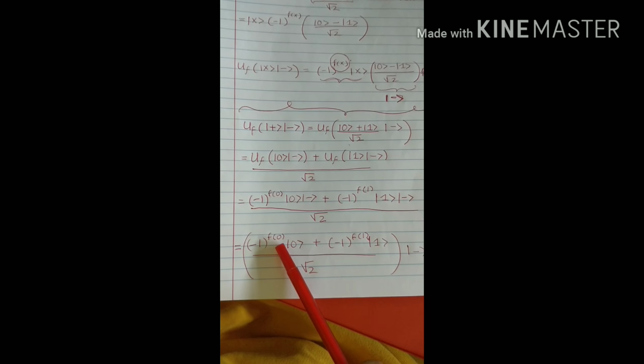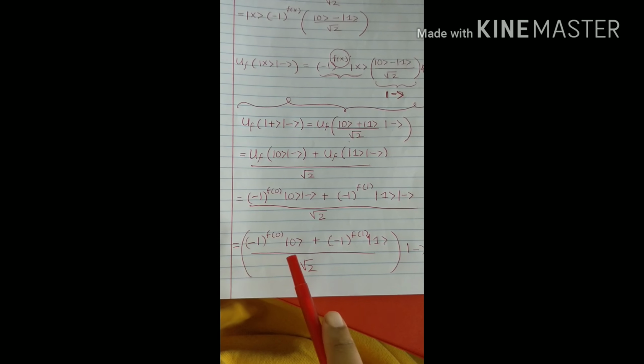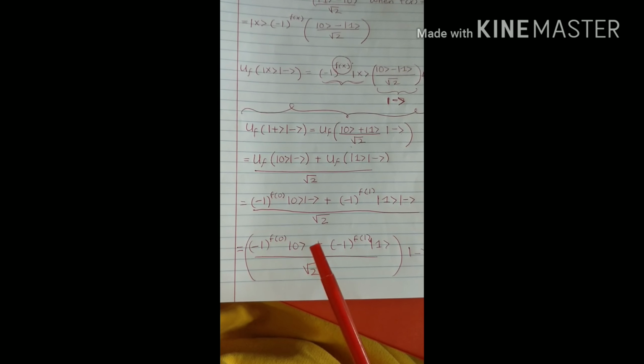When f of 0 is 1, then this is negative, and when f of 1 is 0, then this is positive. So in either case, when it's balanced, the terms in the numerator have different signs. And so we can compact this by writing.